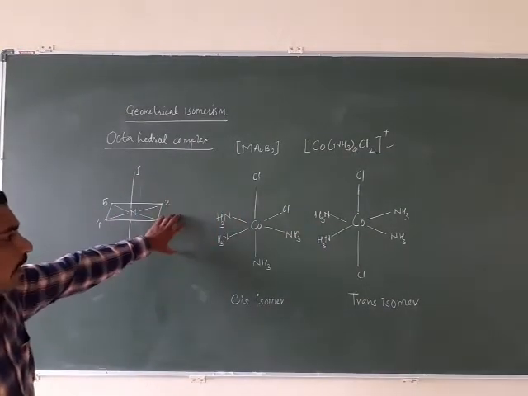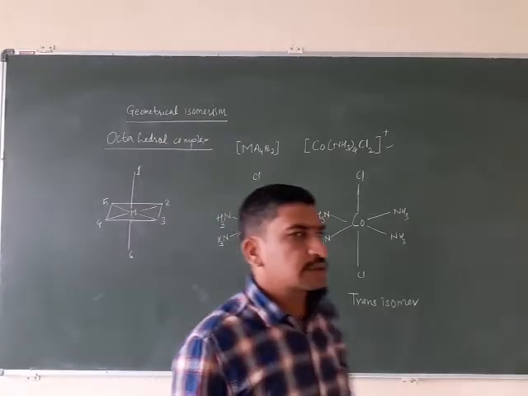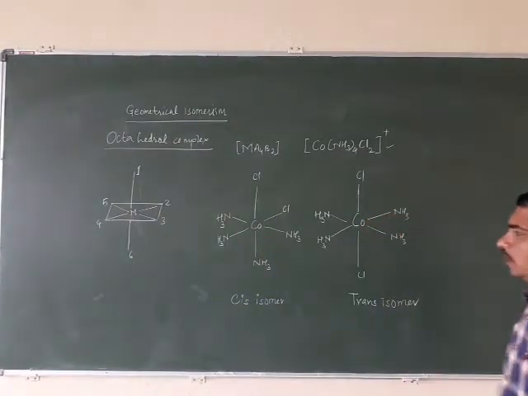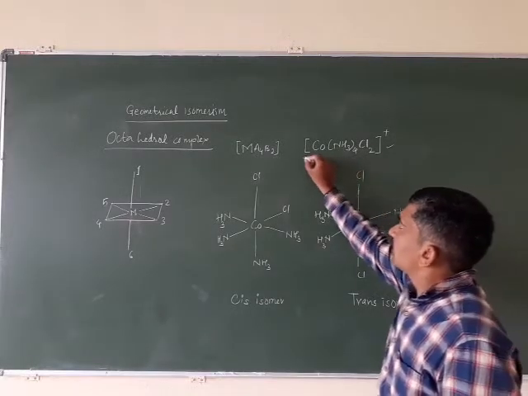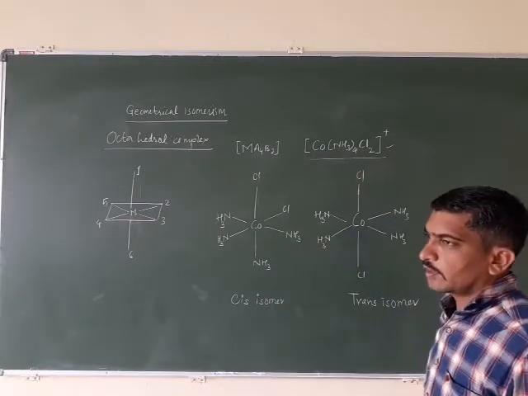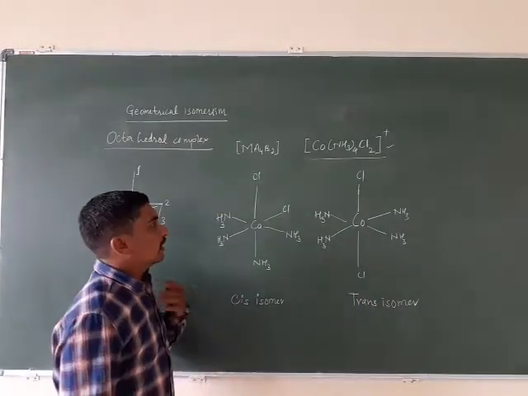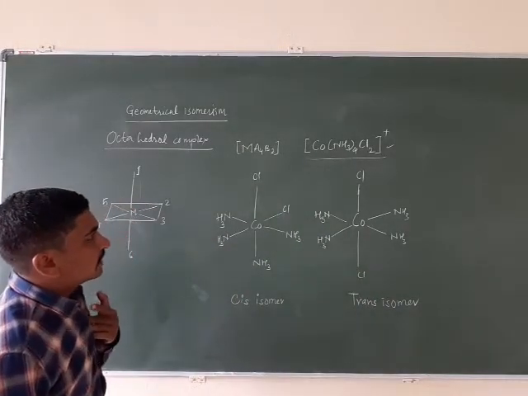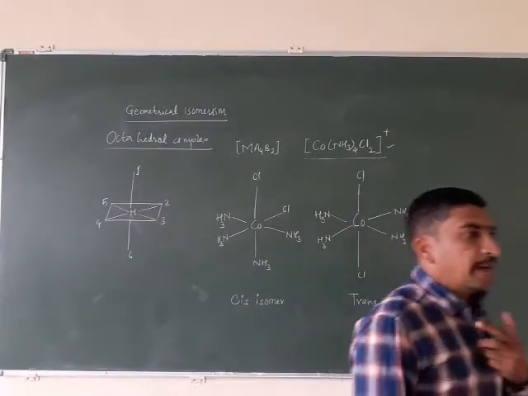Here they may ask a question related to this. For a 1 mark or 2 mark question, they may give you an example, or they give a complex, and they say draw the geometrical isomers for the complex.